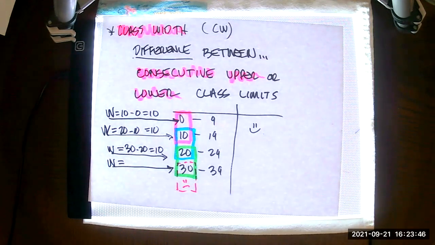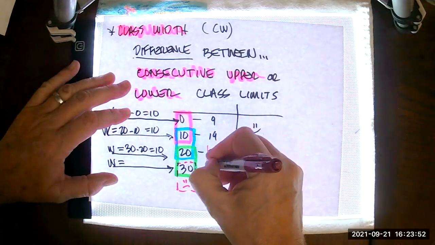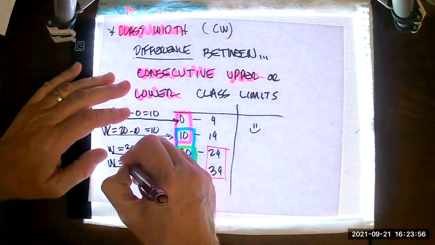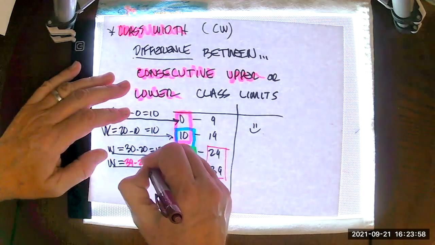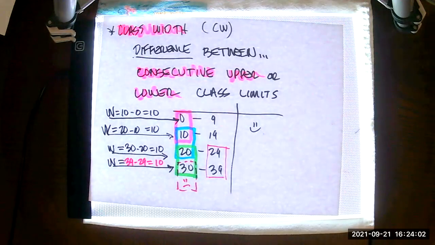That is why for the last class, I use consecutive upper class limits. So this 39 minus 29 equals 10.